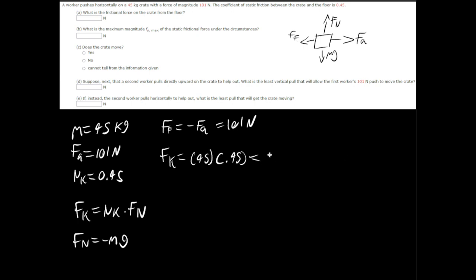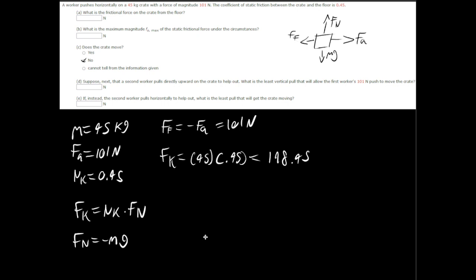So that is going to be 198.45. It asks, does the crate move? So if this is the force that is applied, and this is the static force, or the force where it won't move, then we can see here that 198 is greater than 101. So the force applied is less than the force needed to move it. So the answer here would actually be no.